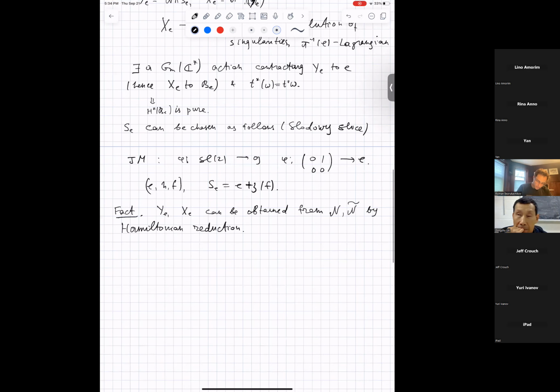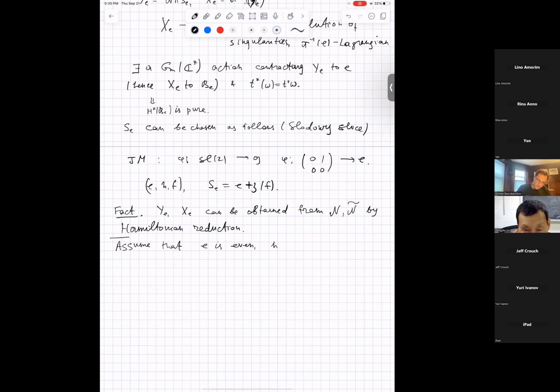So maybe I explain, assuming first for simplicity that E is even. It means that the corresponding homomorphism from SL2 factors through PGL2; in other words, H has always integer eigenvalues, but it has only even eigenvalues on g.